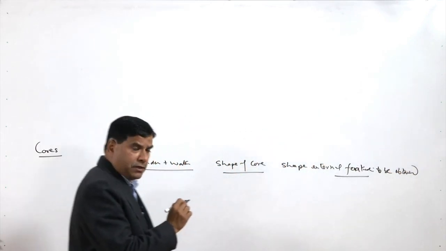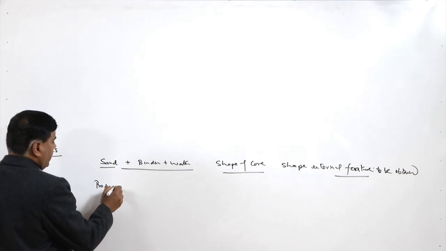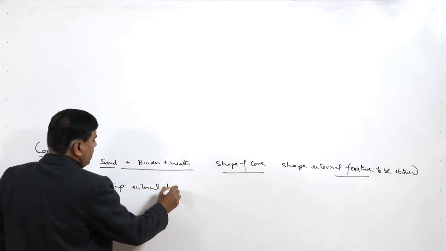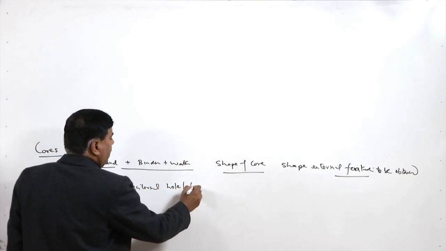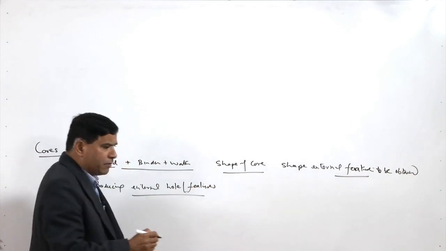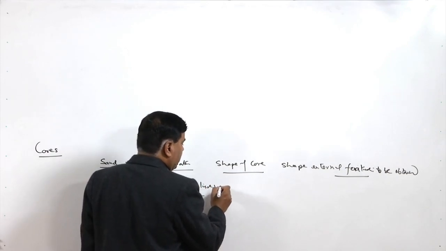So, basically cores are used for producing the internal holes and features which otherwise cannot be produced in the mold with the help of the patterns.